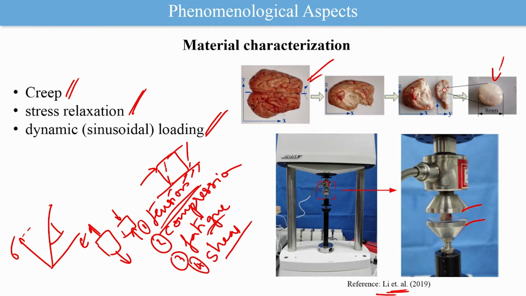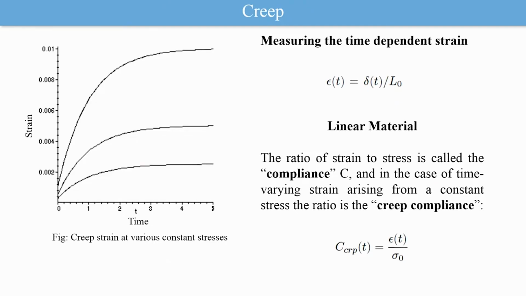But when it comes to the specific case of tissues, that's when it actually becomes important to do the creep test, stress relaxation test and dynamic loading. And you will understand over the course of a few slides why it is important. So, first we will talk about the creep test.